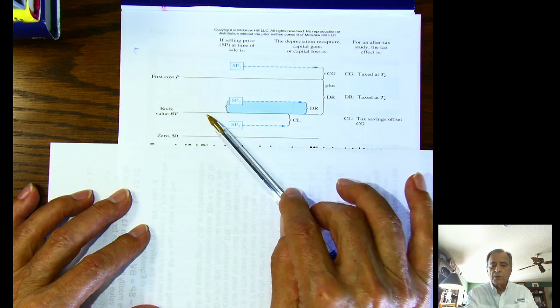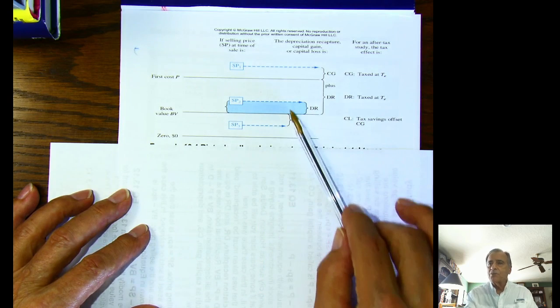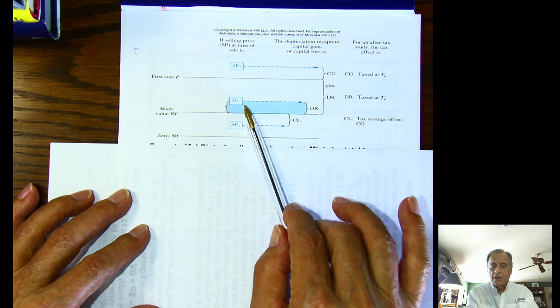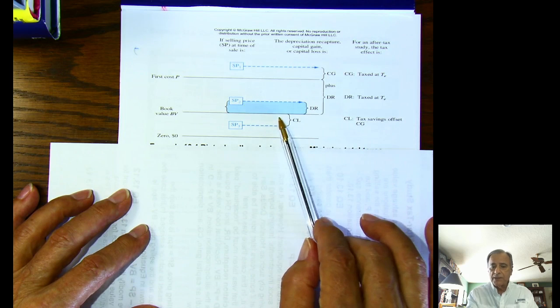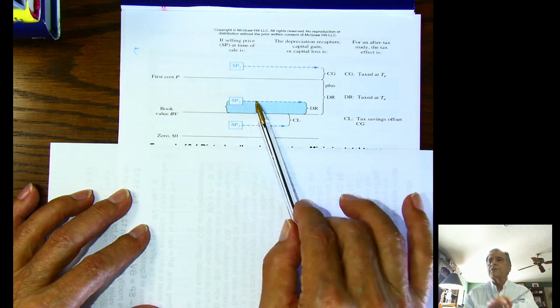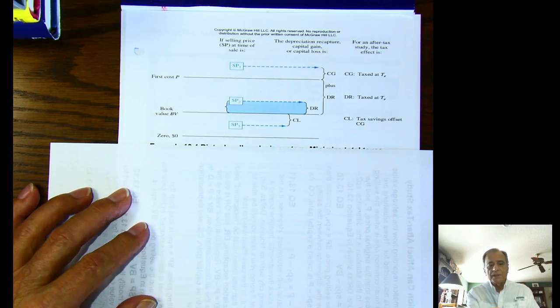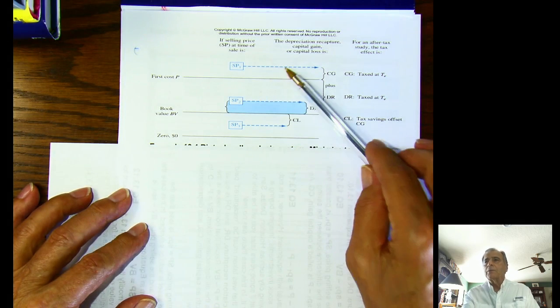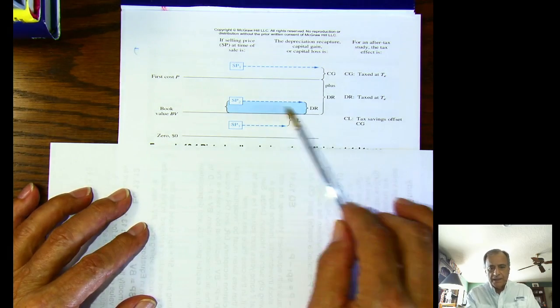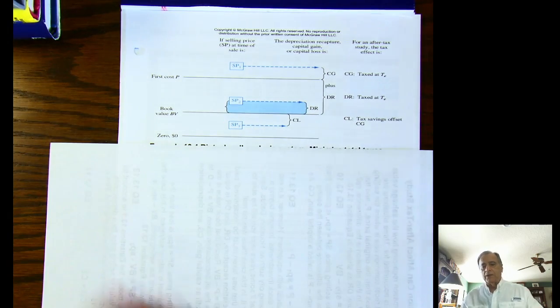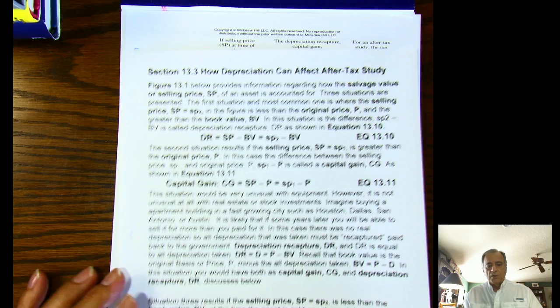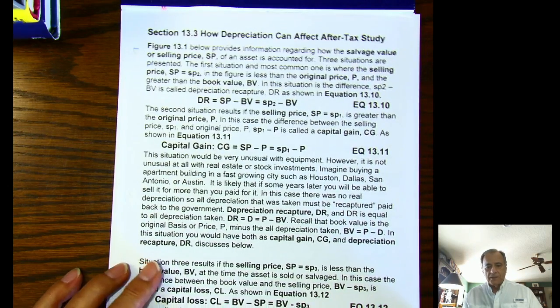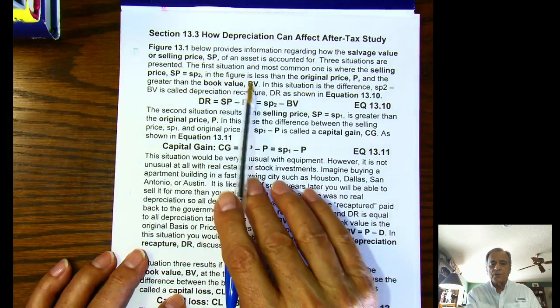So you took more depreciation than the asset really depreciated because its selling price is not zero now, it's above the book value. Okay, but it's not above the price, what you originally paid for it. We'll cover that case in a little bit. But this is the case that I'm covering right now. And so when that's the case, I call that the first situation.